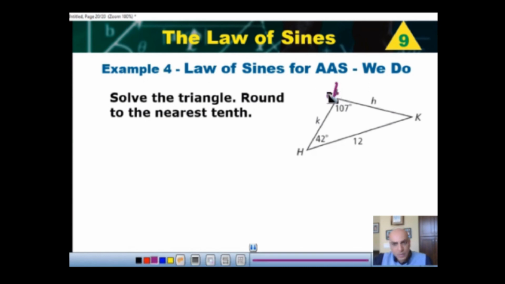That's correct. That is perfect. So J is this amount. How about H is given, K is given. Somebody else help me, please find angle K. Measure of angle K.